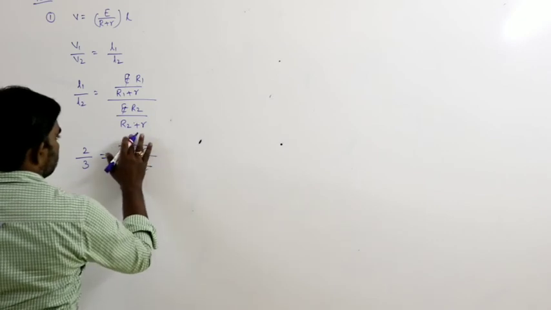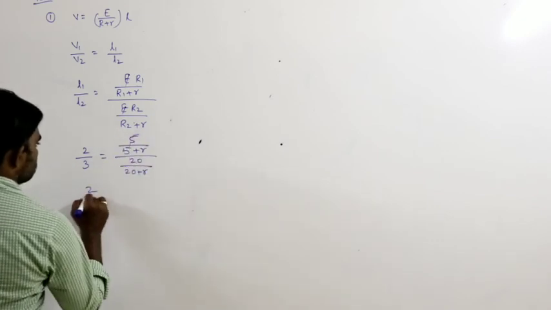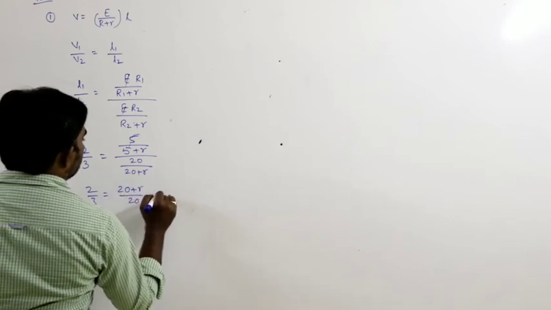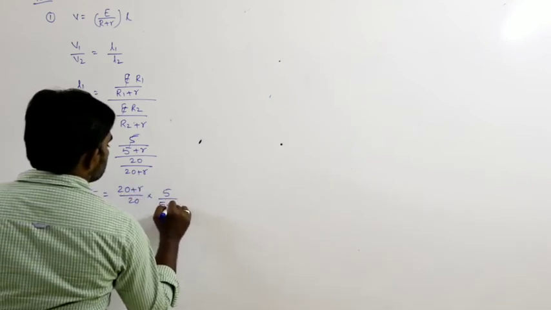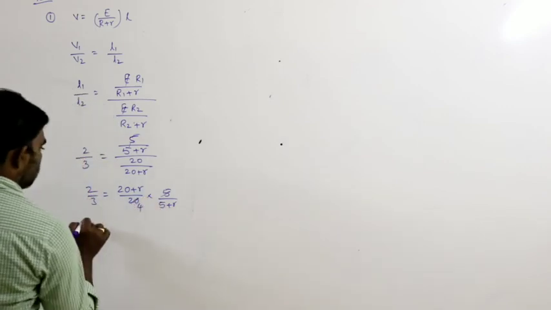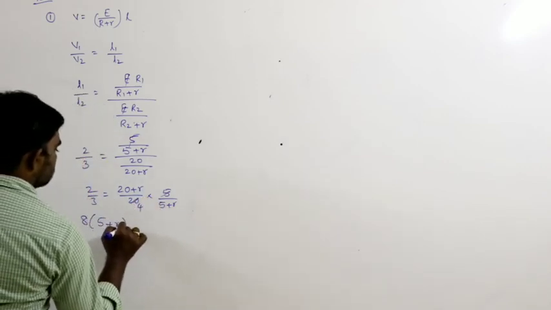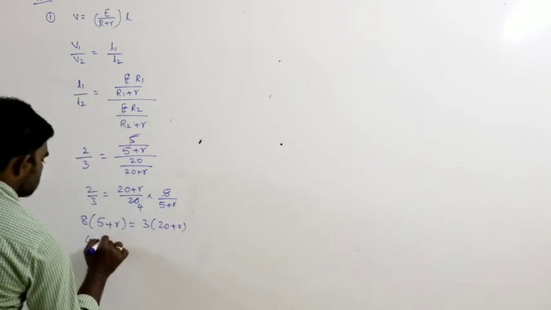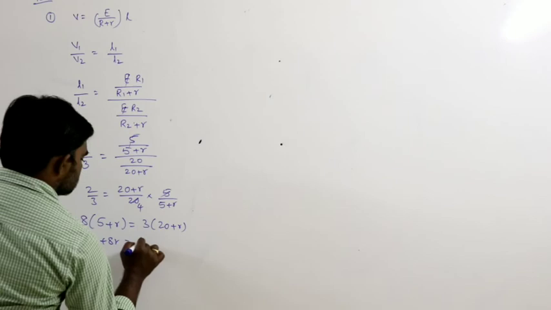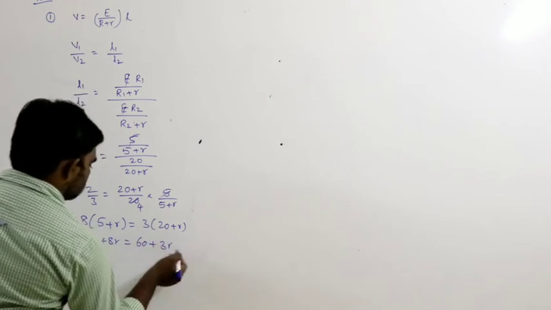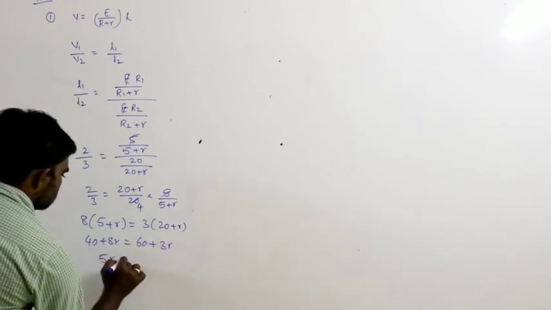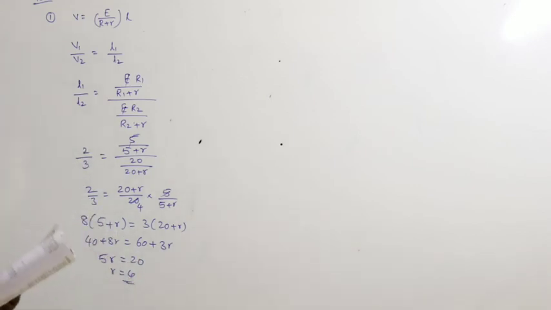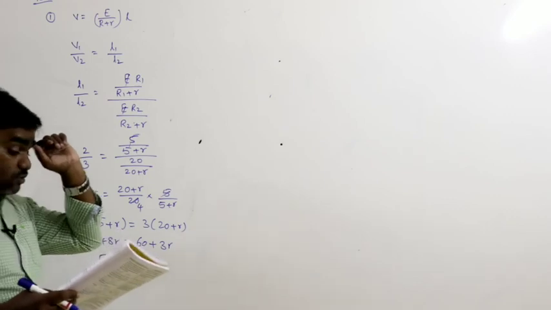Keep it like this: 2 by 3 is equal to (20 plus r) divided by 20, into 5 by (5 plus r). 5 fours are 20, so 8 into (5 plus r) is equal to 3 into (20 plus r). 40 plus 8r is equal to 60 plus 3r. So 5r is equal to 20, r is equal to 4. So the internal resistance is equal to 4 ohms.